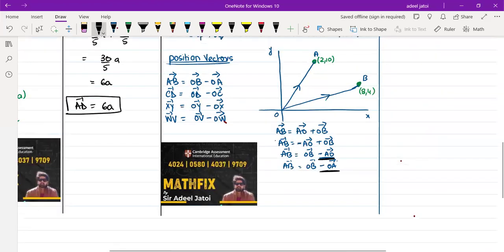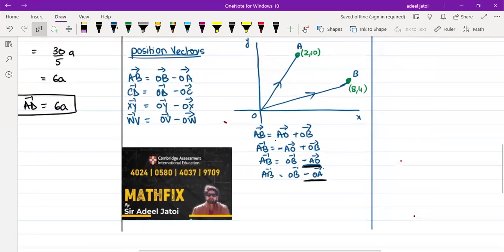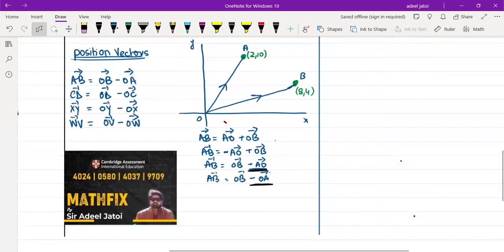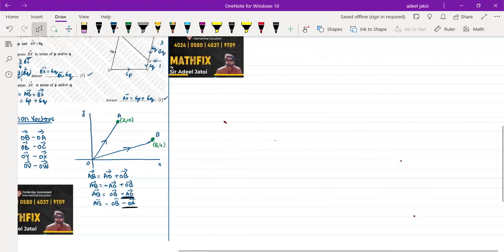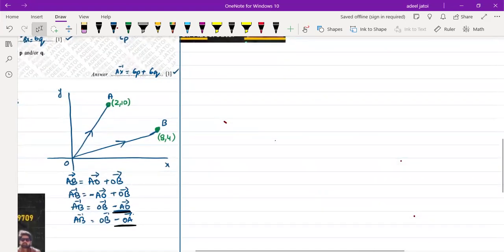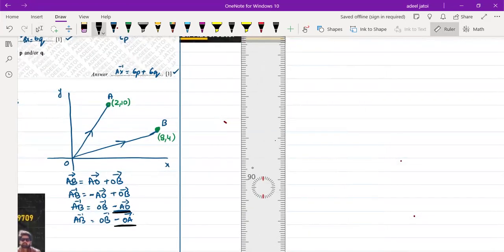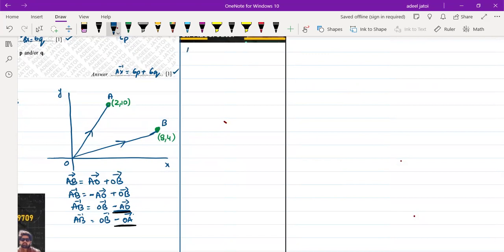Now, working on this, what we need to understand is that these two coordinates are very different from each other, so we need to work accordingly. Let's say that we have A as 2 and 10. So OA will be 2 and 10 in the column vector form.